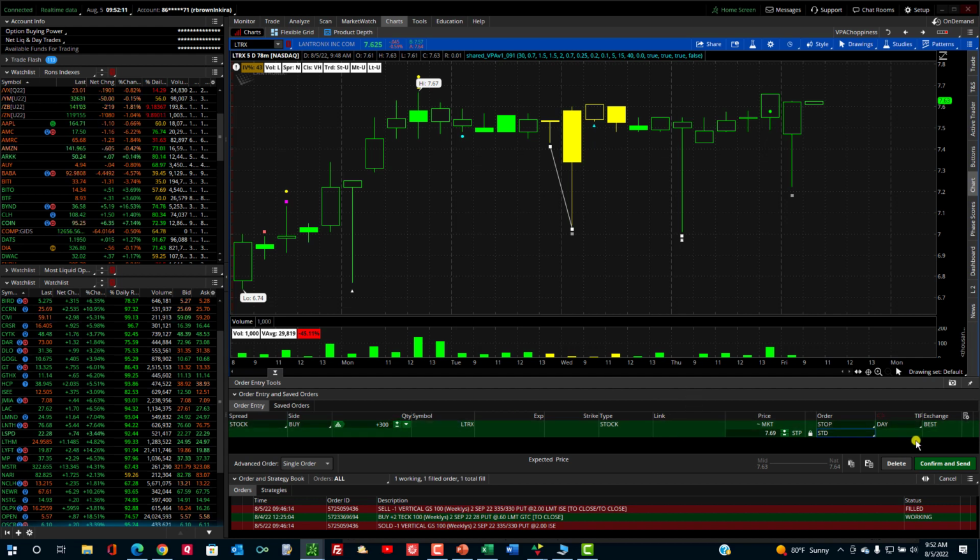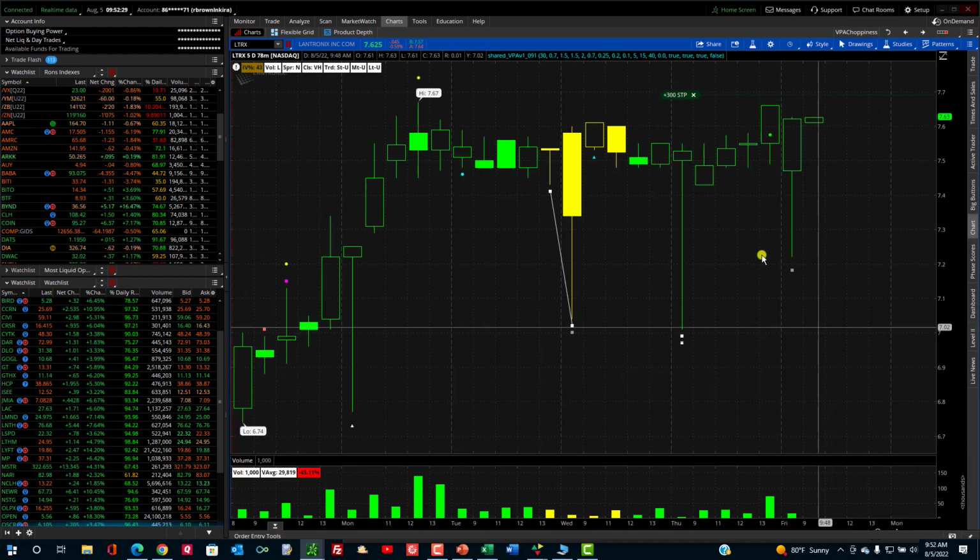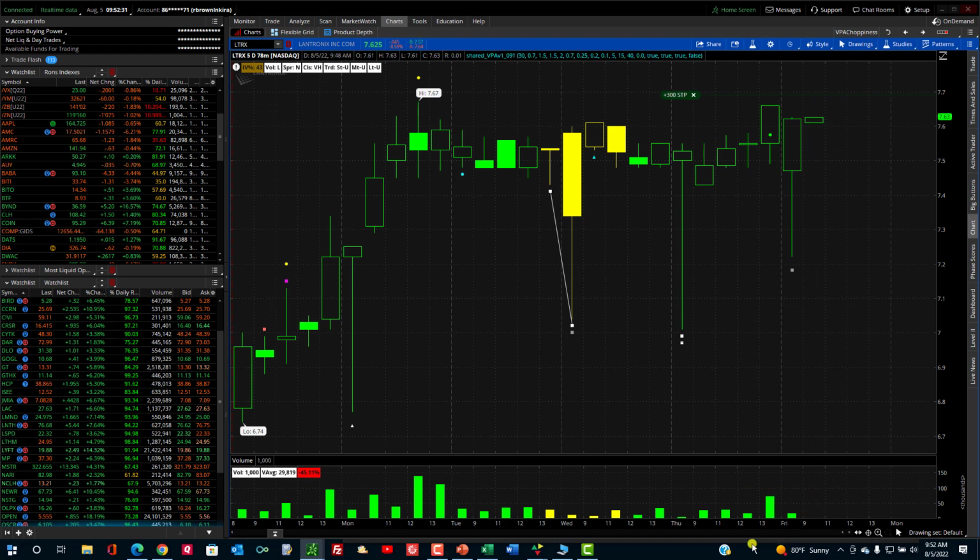It's a day order, 300 shares. So it's a buy stop. And if it gets filled, then I'll come in and put that stop in. I could do them both at the same time, but I just want to get this sent. And you can see the buy stop is up there.